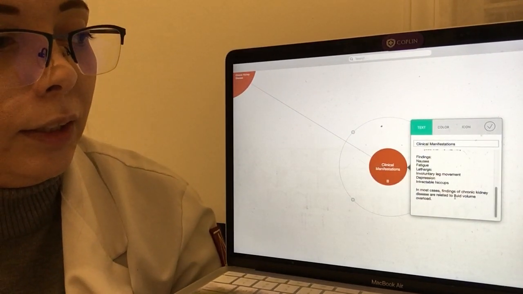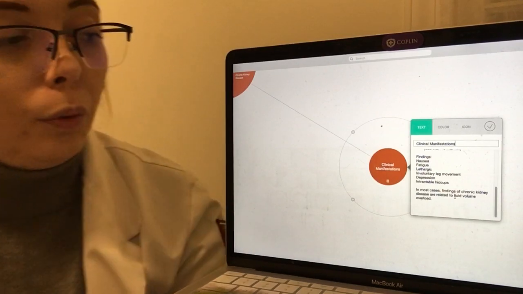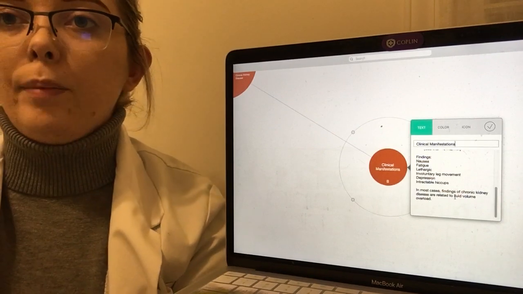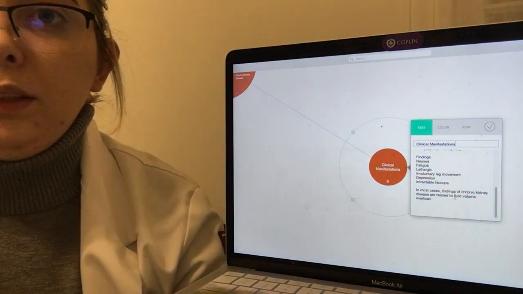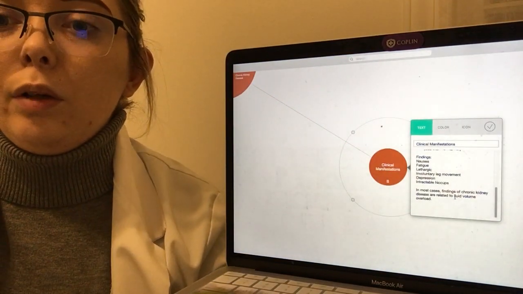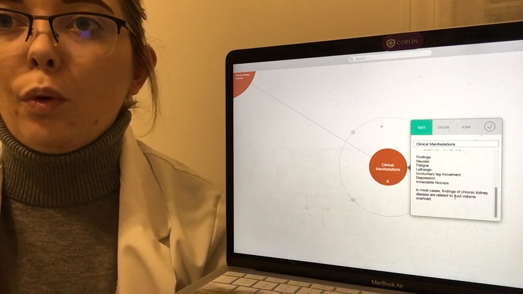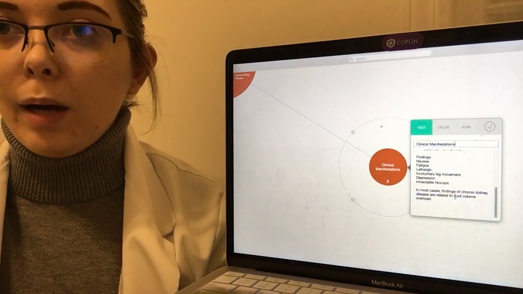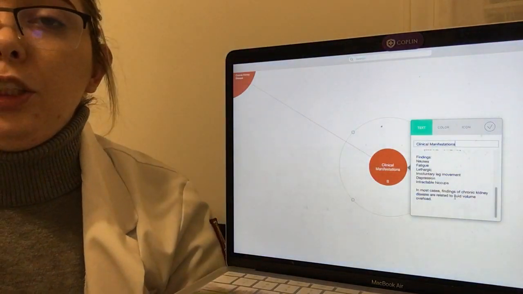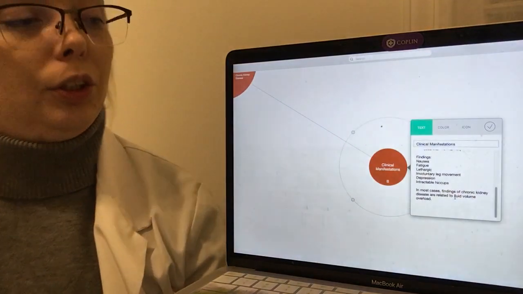In most cases, findings of chronic kidney disease are related to fluid volume overload, because CKD causes a lot of electrolyte imbalances, which you'll see when we get to diagnostics and tests. A lot of the labs that you assess for are related to those electrolyte imbalances that you're checking with the patient. That's one of the most common signs that you're going to see initially.